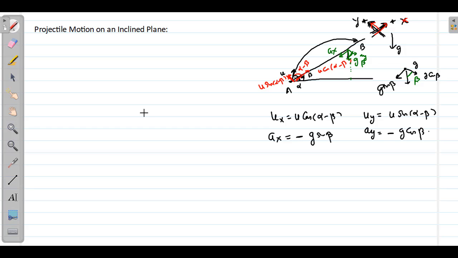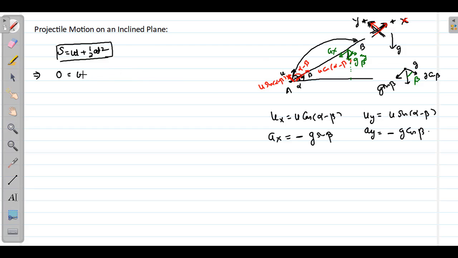For that, in the vertical direction, the net displacement of the object is zero when it starts from A and reaches B. So, using the second equation of motion, S equals ut plus half at square, we write S is zero because net displacement is zero. The initial velocity is uy, because we are considering vertical motion.